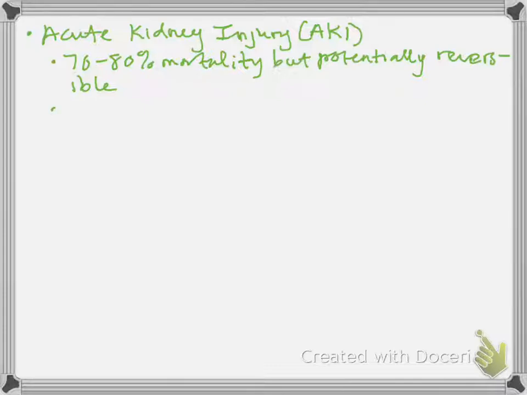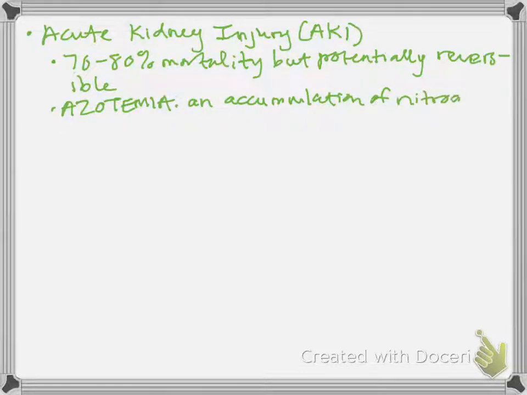I mentioned the development of a rise in serum creatinine. There are a couple of terms for that. So we have the term azotemia. And this term specifically refers to an accumulation of nitrogenous waste products.